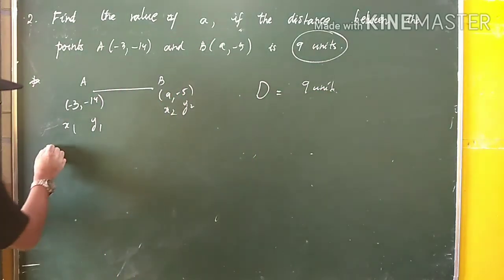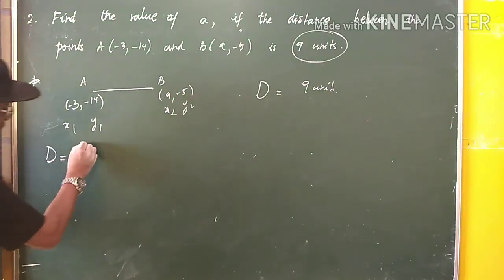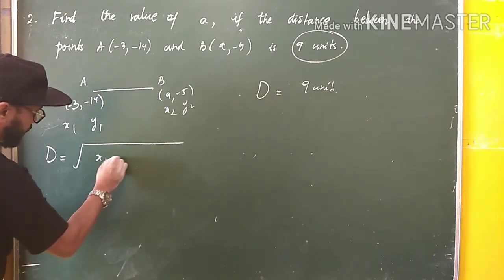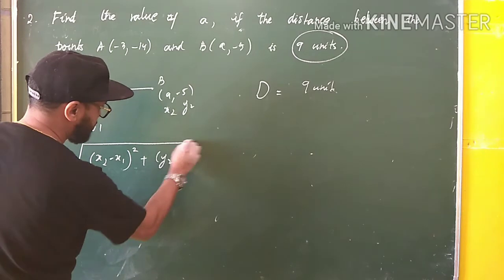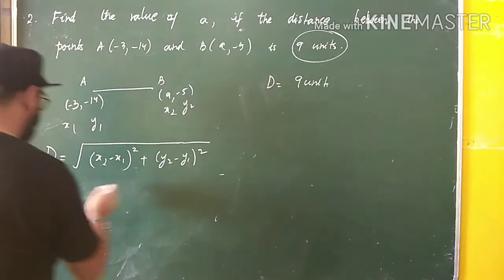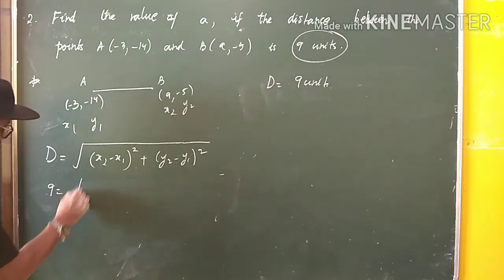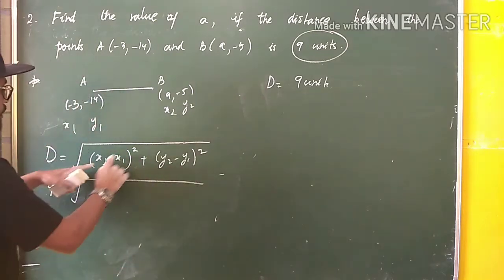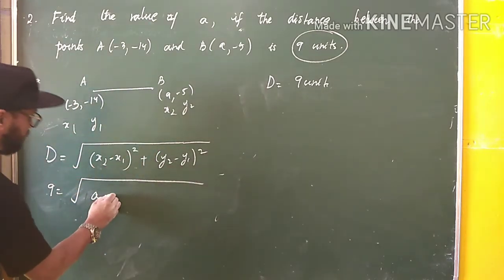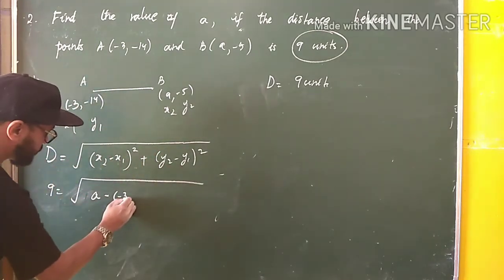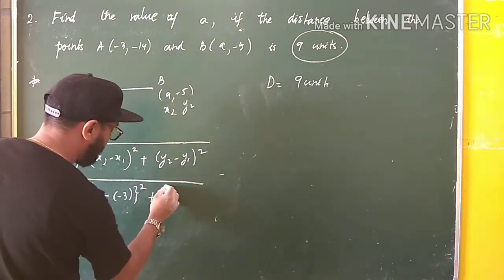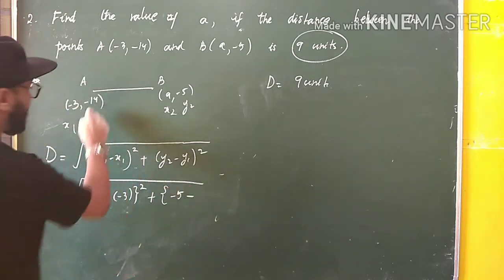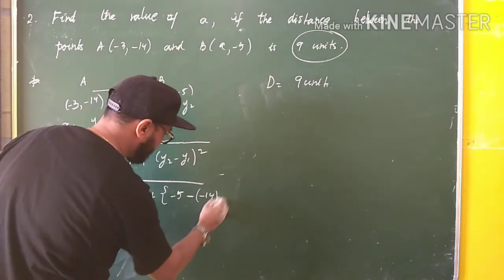Now we know that the distance formula is given by the square root of (x2 minus x1) whole square plus (y2 minus y1) whole square. Substitute the values. D is 9. x2 is a, minus x1 is -3, plus y2 is -5 and y1 is -14.